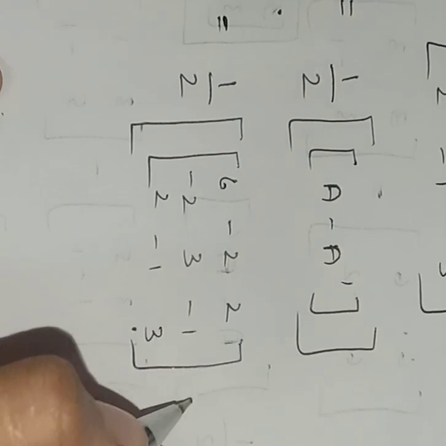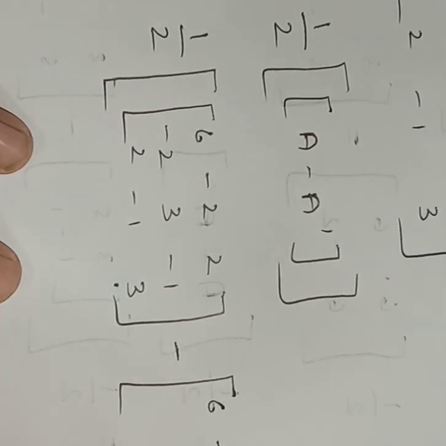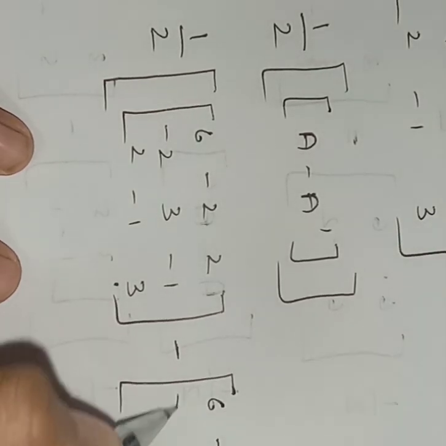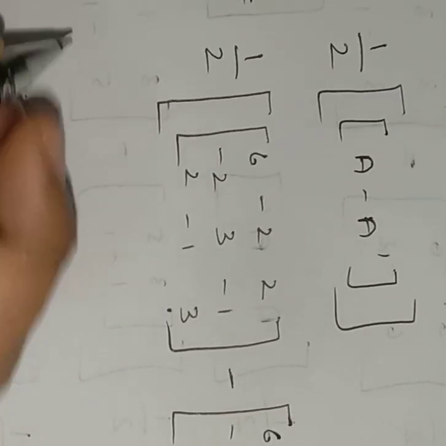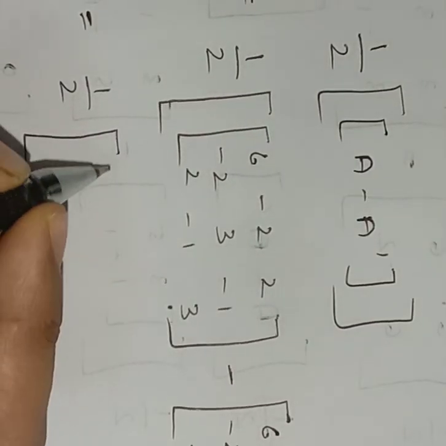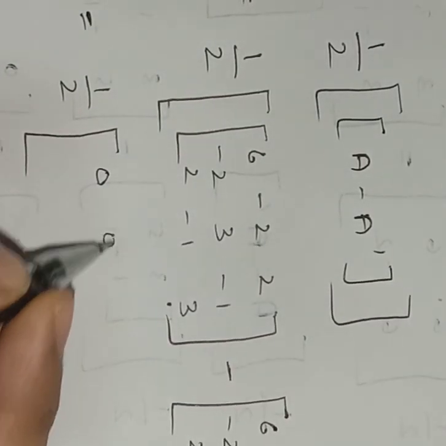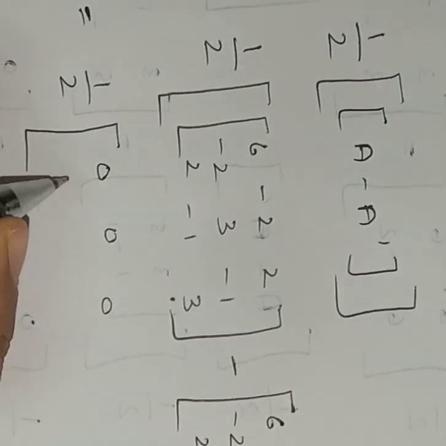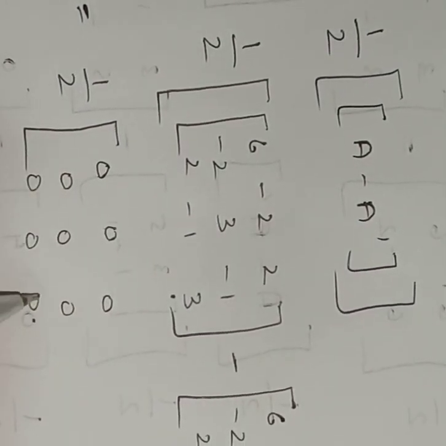This is your A, minus the A dash value, 6, minus 2, 2, minus 2, 3, minus 1, 2, minus 1, 3. You just subtract these two values and check what you are getting here. 6 minus 6 is 0, minus 2 plus 2 is 0, 2 minus 2 is 0, all zeros, right?